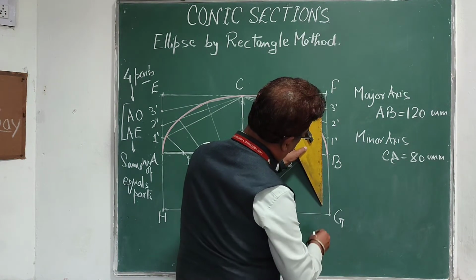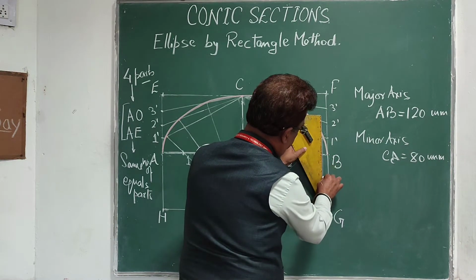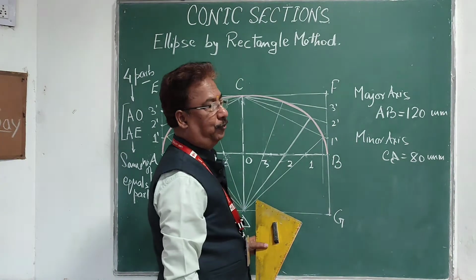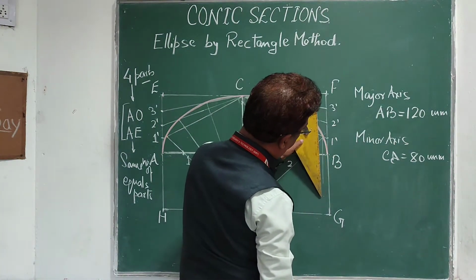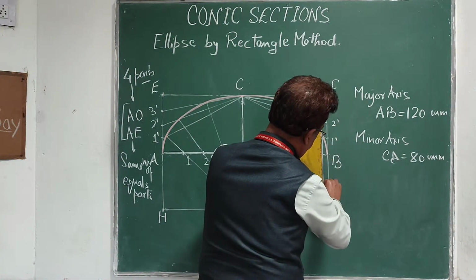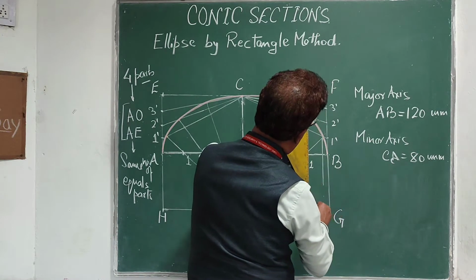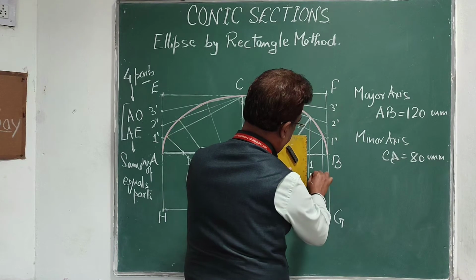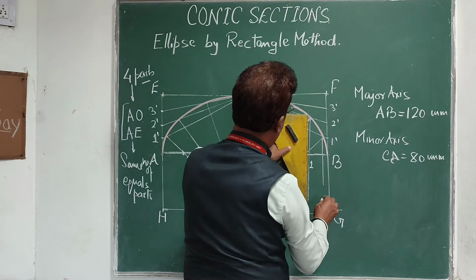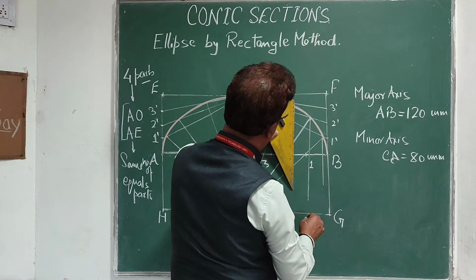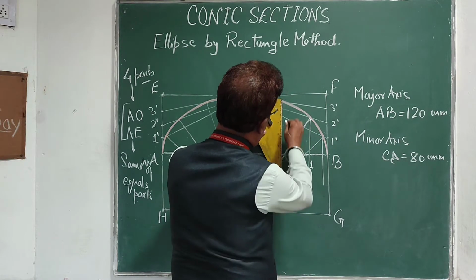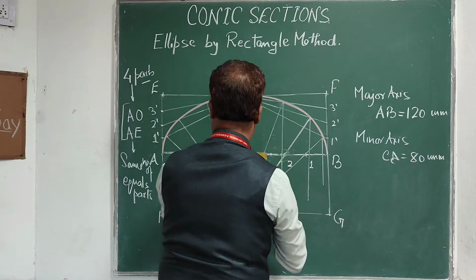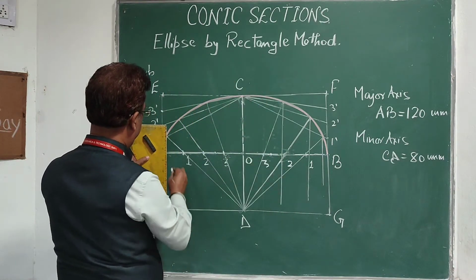If I move from this point perpendicular downside, then this upper distance and the lower distance for the lower point will be same. Same way I can move parallel on this point and come perpendicular downside. Same way come perpendicular from this point here also.